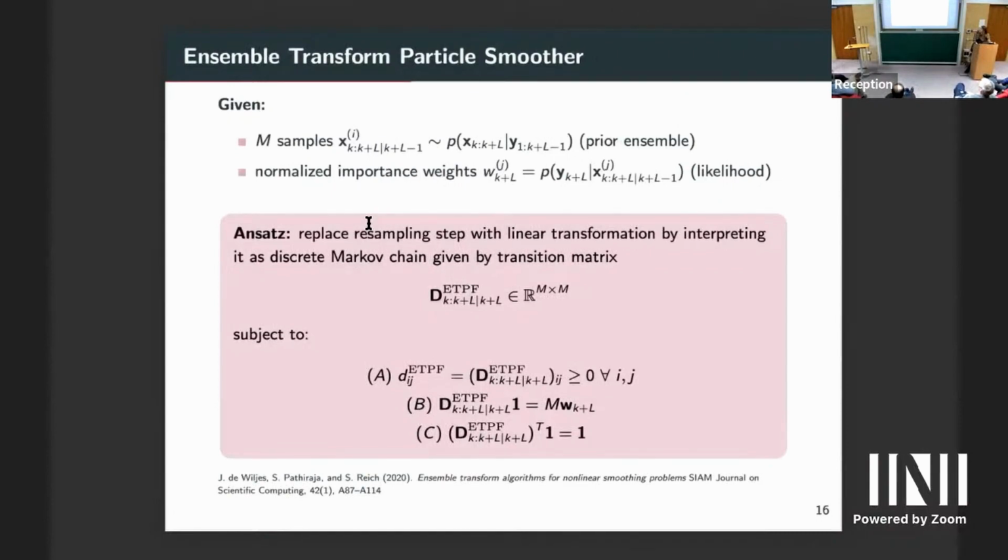What you can also do, and I'm going to run over this fast because I'm slow, but a lot of the filters that are trying to get beyond this Gaussian assumption nowadays are essentially trying to estimate, for example, a transport map that gets you from the prior ensemble to a posterior ensemble.